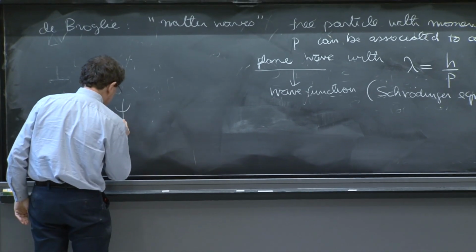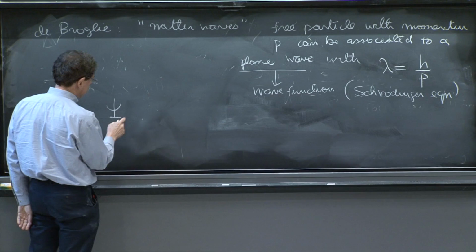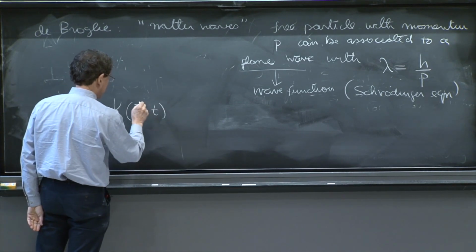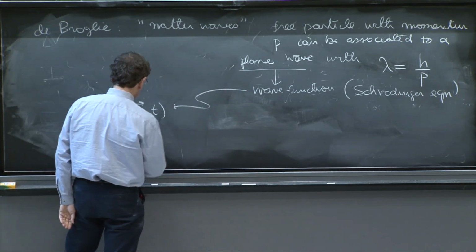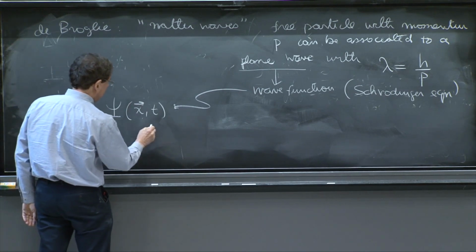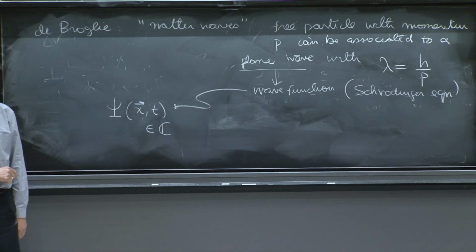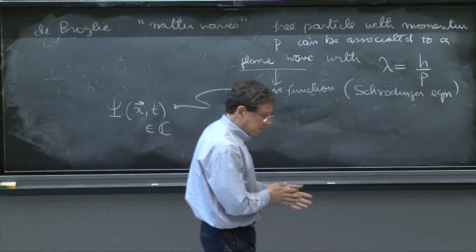So it will be a wave function, we'll denote it by the letter capital Psi, that depends on position and time, and that's the wave function. And to begin with, for simplicity, there will be one of them, and it's a complex number.